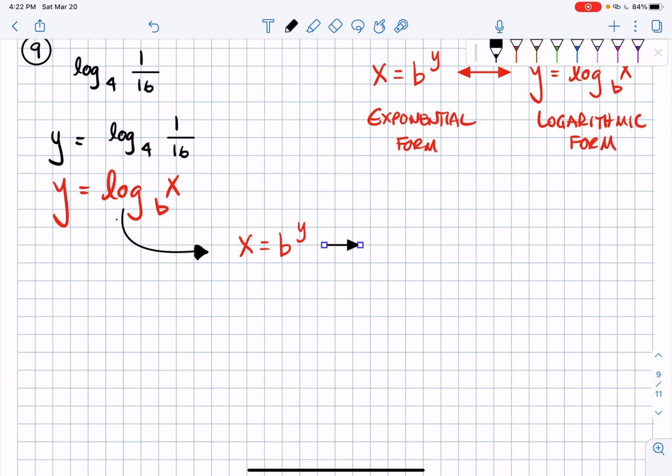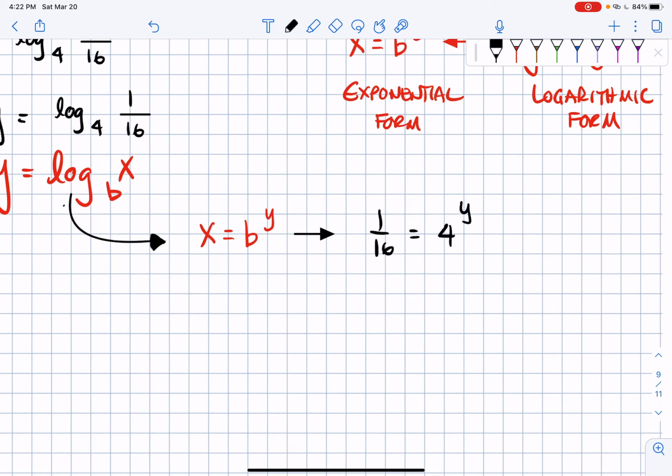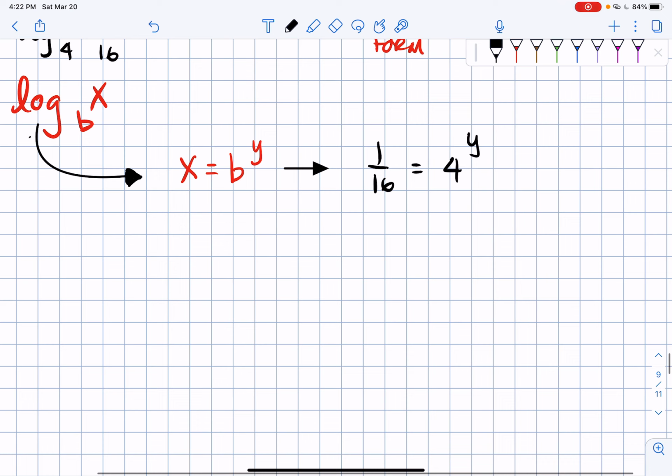So if you notice, the y is still the y, right? And the x is the 1/16 is equal to, the base is 4, and the y is the y, okay? So in other words, 4 to what power would give you 1/16, right? So essentially that's the question you have to ask yourself, right?